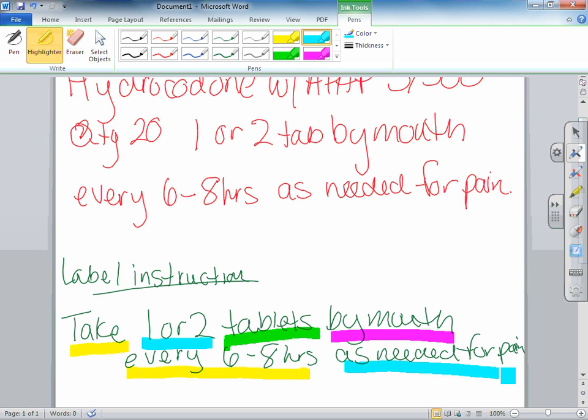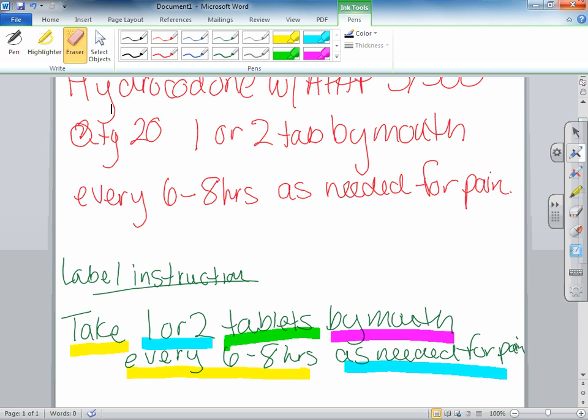All right? So, I have done the first 2 examples for you. Keep in mind that prescription interpretation is you reading the entire prescription as you see it, and your label instructions are you transcribing that SIG code into a complete sentence for the patient to understand. For instance, the last one that I'm going to do for you is number 3.